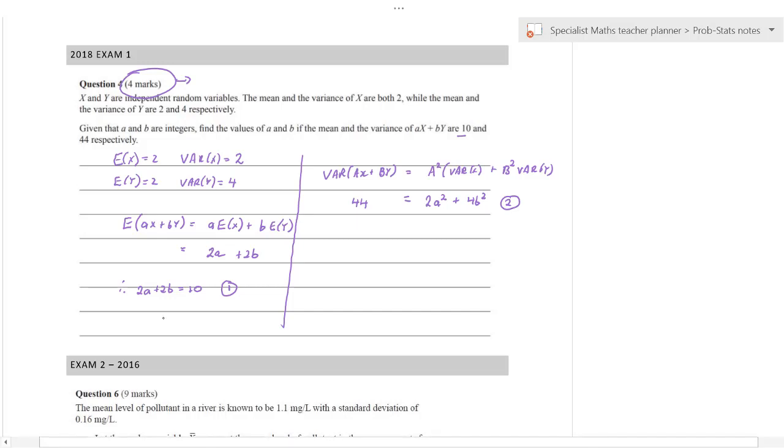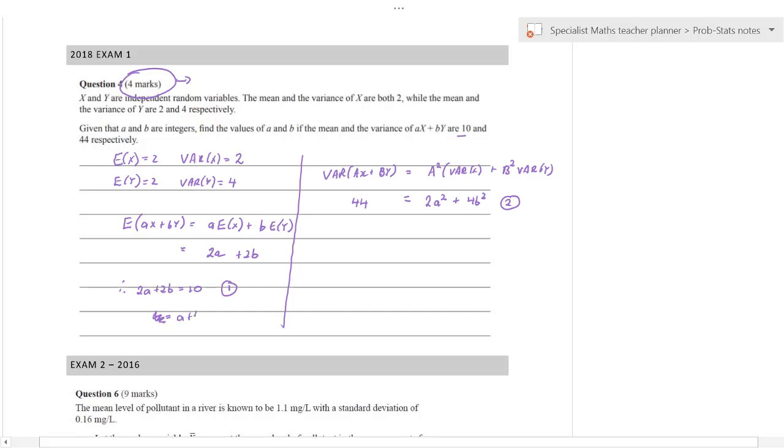So what I'm going to do is say that B is equal to... We could do it in quite a few ways. We could first of all say let's divide both sides by 2.